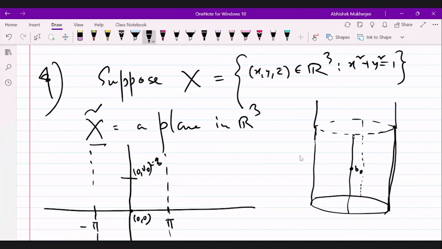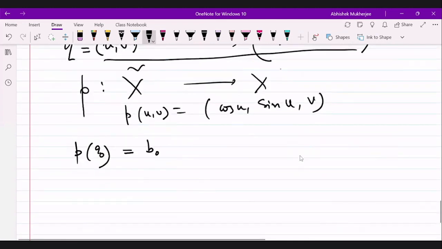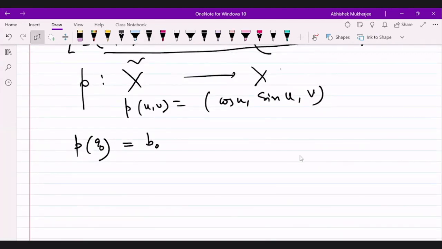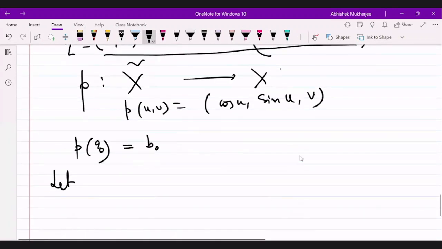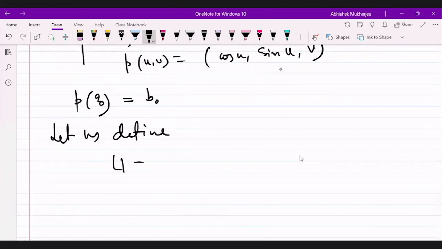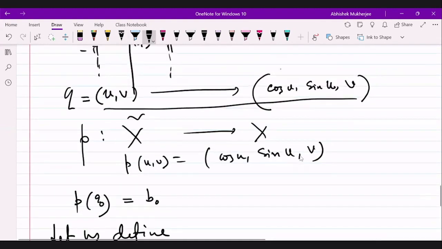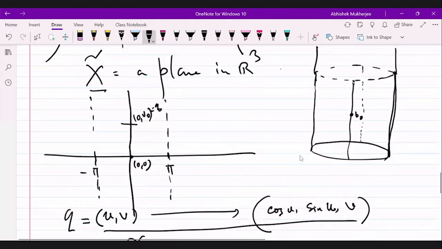So now what we do, let us define capital U, which is the open strip, this one.